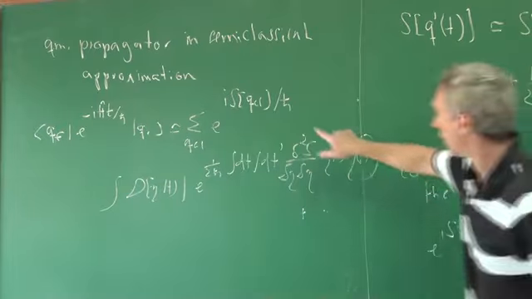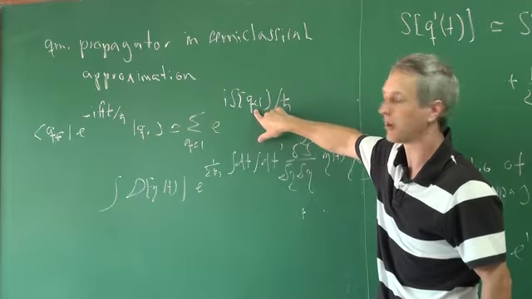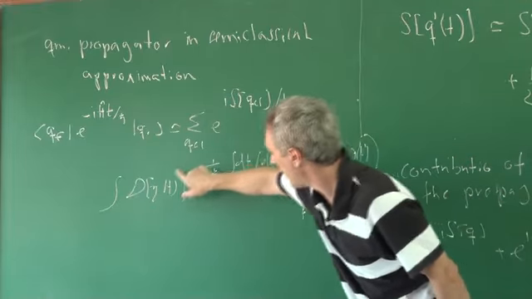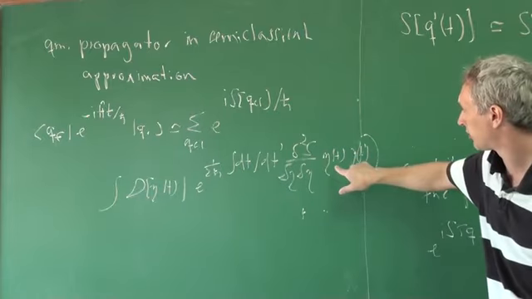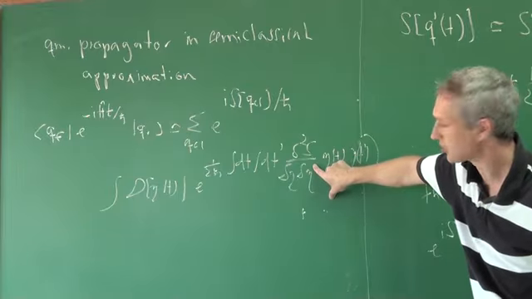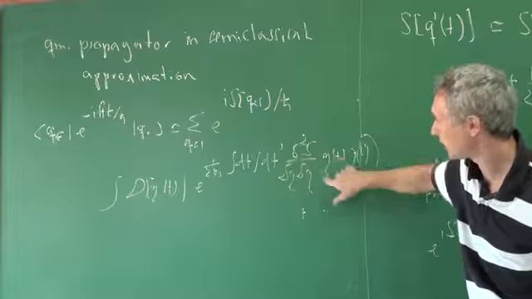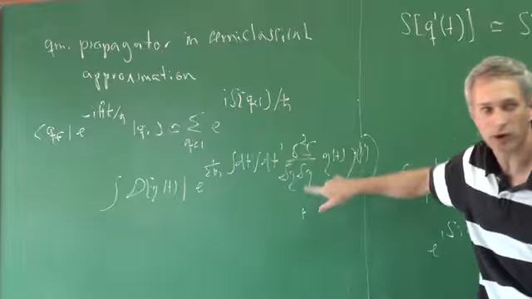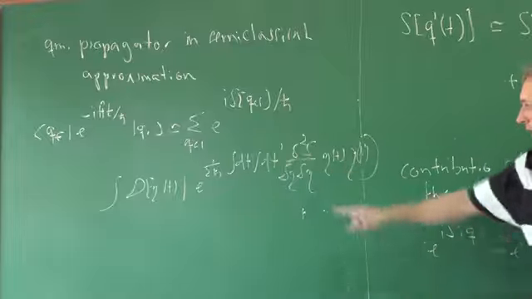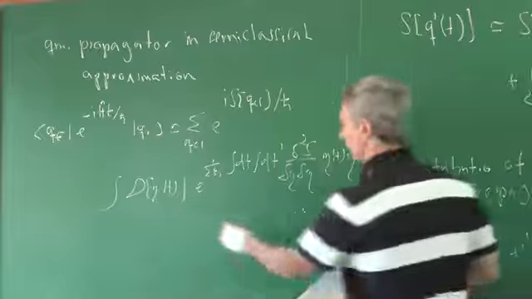So it's just a term that depends on Q initial and Q final and T. And then we have to do the integral over the fluctuations, which, because we are considering the classical path, just contains this quadratic term. Okay? So in the generic case, there would be a linear term, which then would suppress everything. And this here is now a simple Gaussian integral. Okay? Quadratic Gaussian integral.